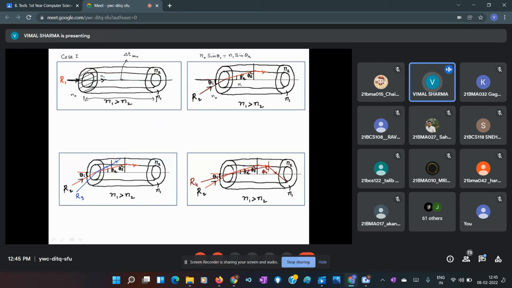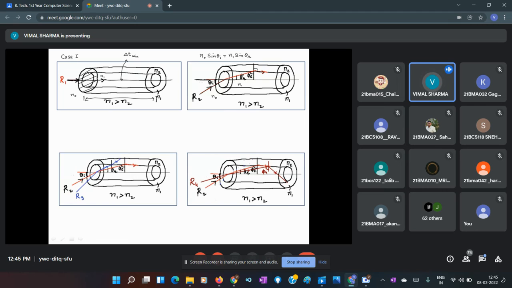Okay, and if this ray, after striking this core cladding interface, moves like this, that means this is where total internal reflection starts.